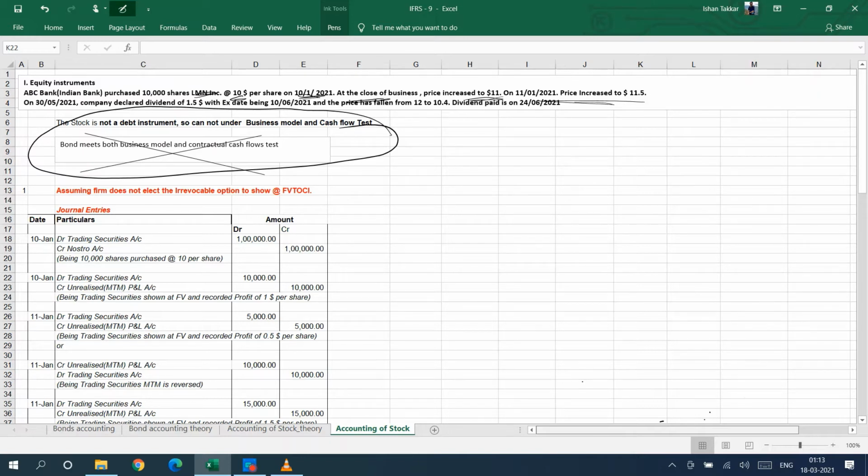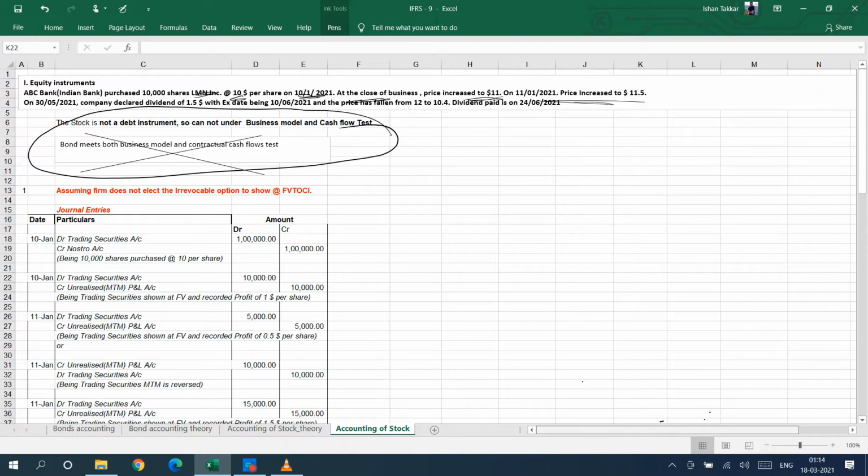It is an equity instrument. It has to be shown at fair value, and there are two options, either P&L or the irrevocable option of OCI. Let's assume that it does not choose the irrevocable OCI option. It chooses the simple option of taking the changes in fair value to the profit and loss account.